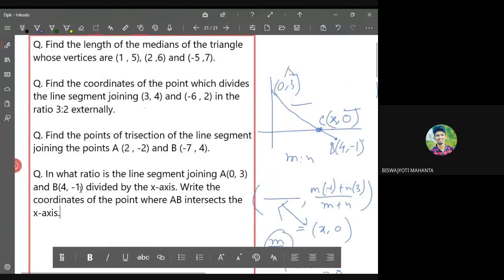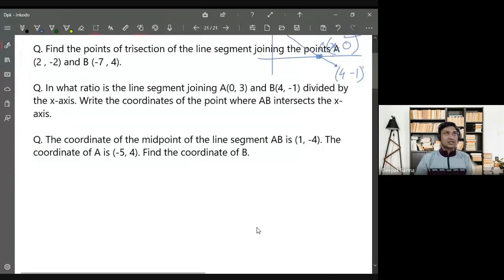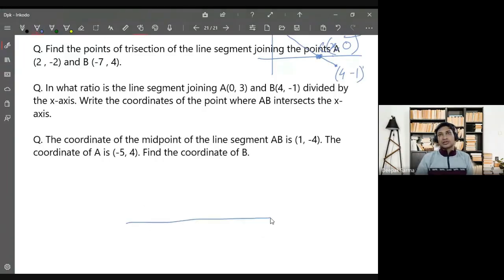Okay, let us consider the last question. Here it's very simple. 2 points are given, but these are not both end points. Suppose here A is the point, and B is somewhere here. A is given, (-5, 4), and B is not given. The midpoint, suppose C here, is given, it is (1, -4). B is not given, whatever be the value of B, suppose (x2, y2).